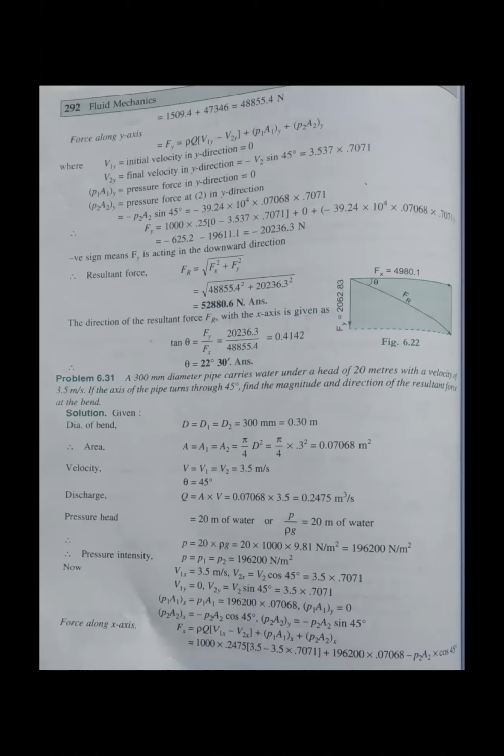What is its value? P1 A1 is the force exerted by the pressure intensity.